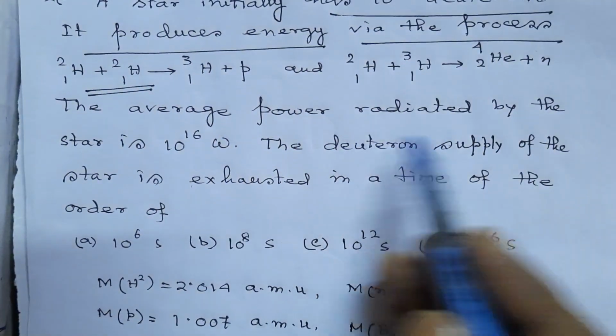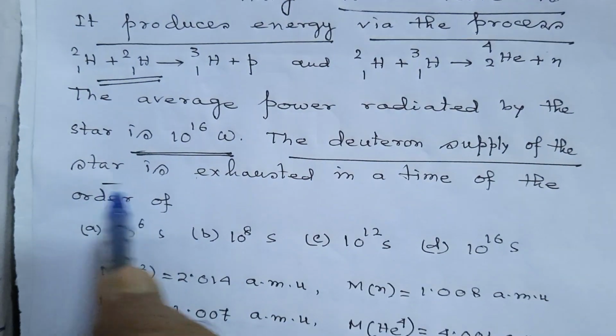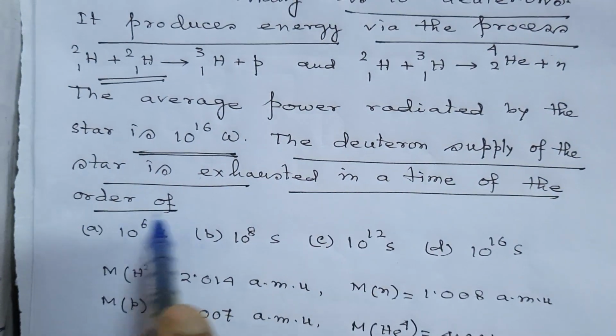The average power radiated by the star is 10 to the power 16 watt. The deuteron supply of the star is exhausted in a time of the order of?